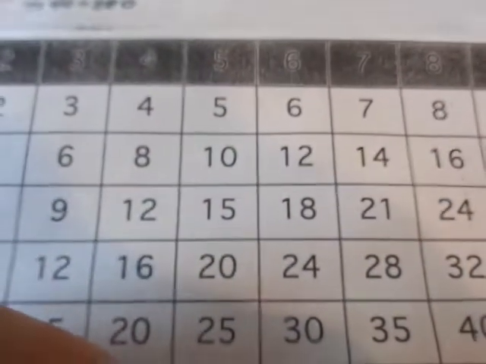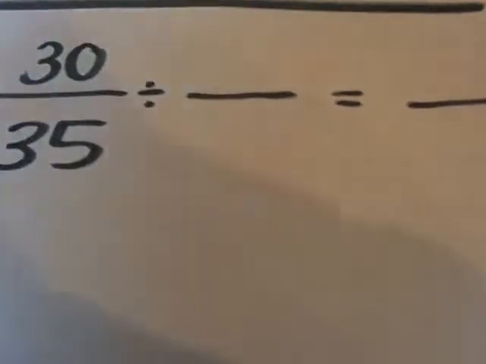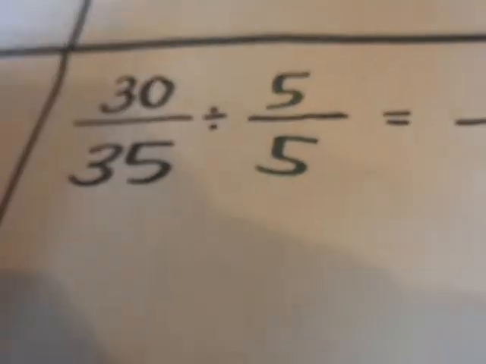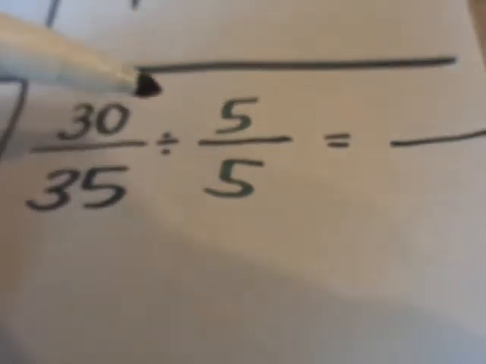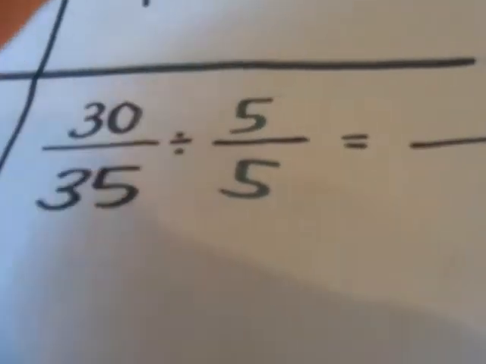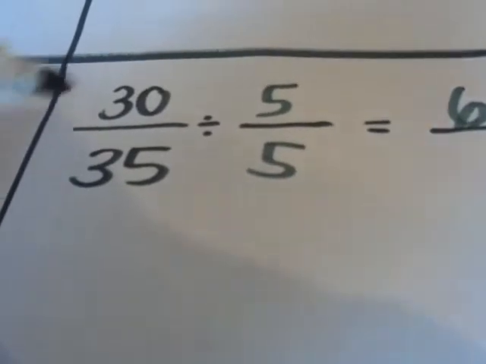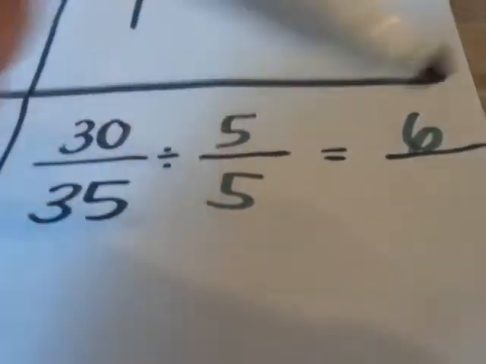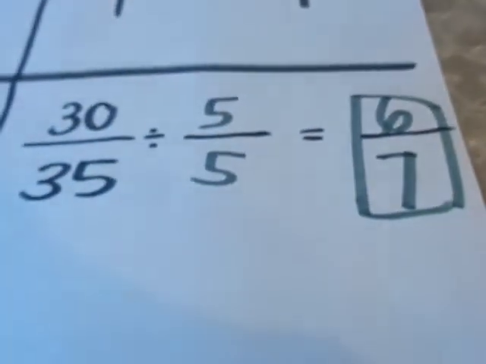Look at the top. GCF is 5. So if we take 30/35 divided by 5 over 5, 30 divided by 5 is 6. 35 divided by 5 is 7. So that can reduce to 6/7.